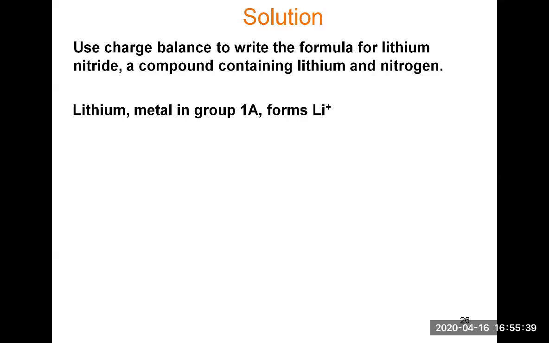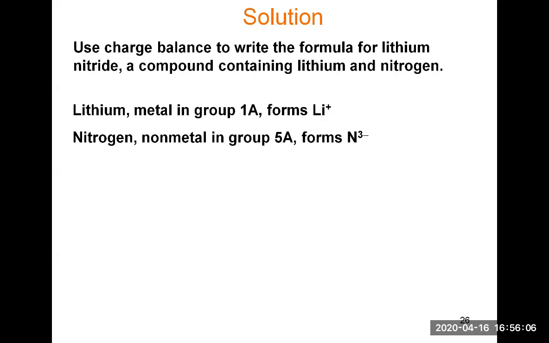You do 8 minus 5, it's 3. And so non-metals become negative ions. And 5 indicates that it needs 3 more electrons to have 8, an octet. So nitrogen becomes an N-3 when it's an ion.